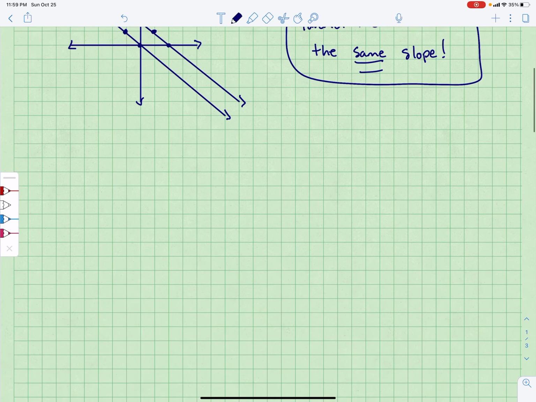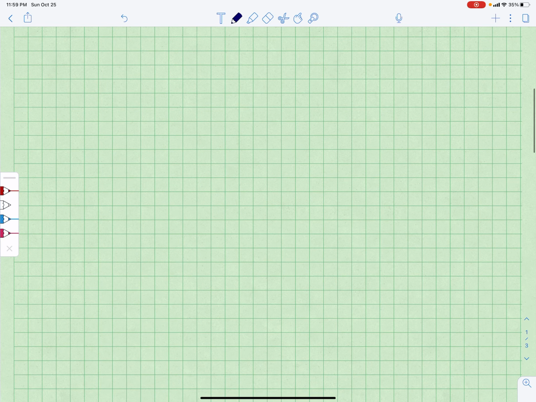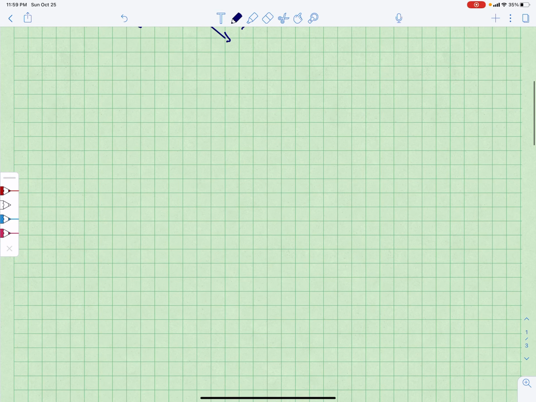The other important distinction when we're talking about lines are perpendicular lines. Perpendicular lines intersect and form four right angles.